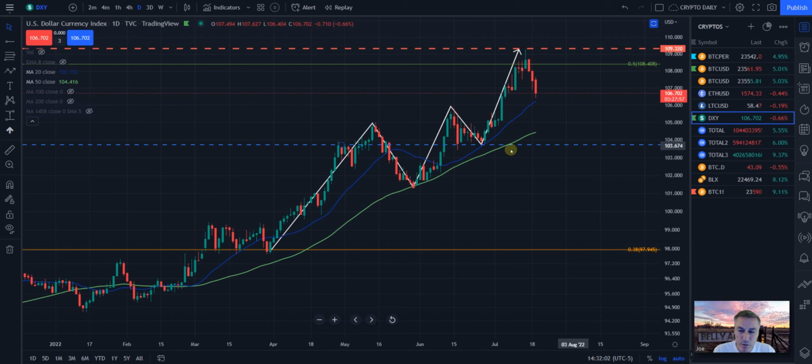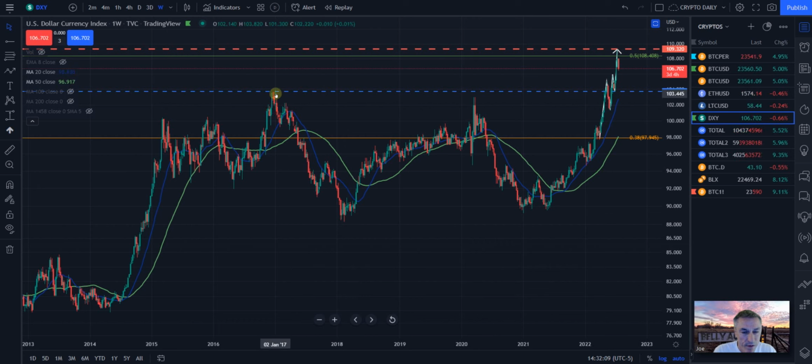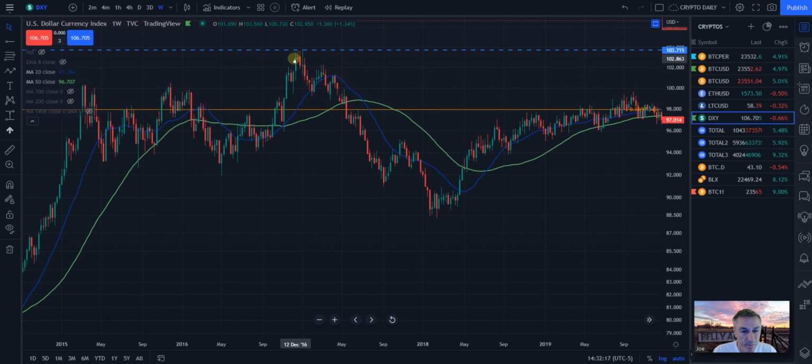And the reason why that blue dash line is here, we have to go to the weekly. It's just under the 50. Or if we go over here to December 2016, it was about a month, 4 weeks here, we kept bumping at this area at 103.70, just for even round numbers, and couldn't get over that.